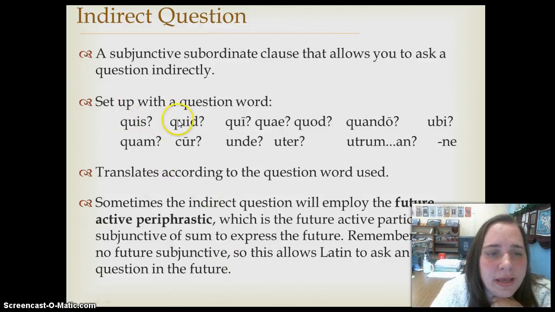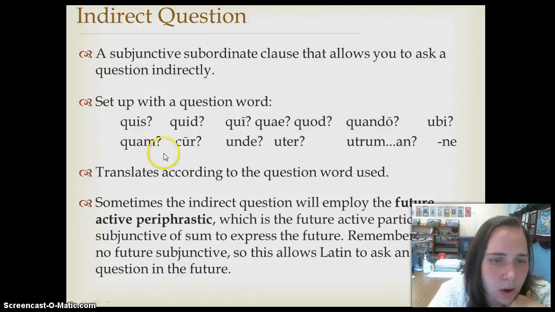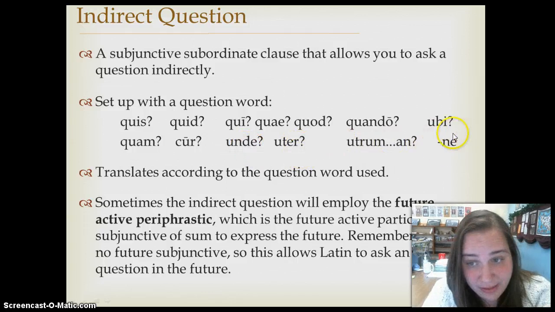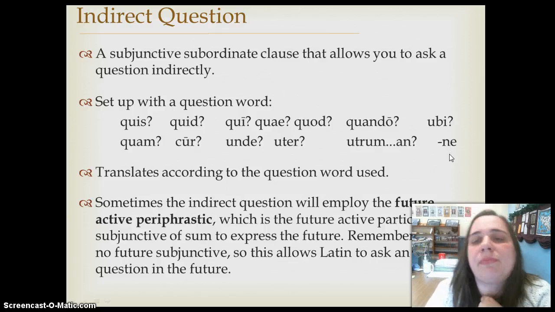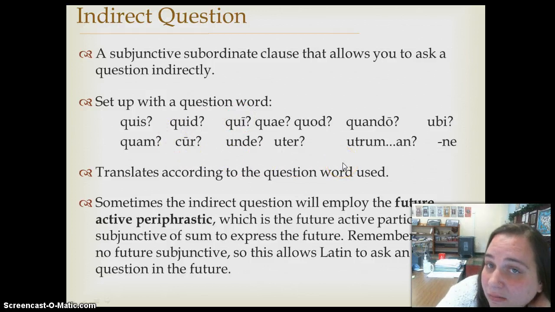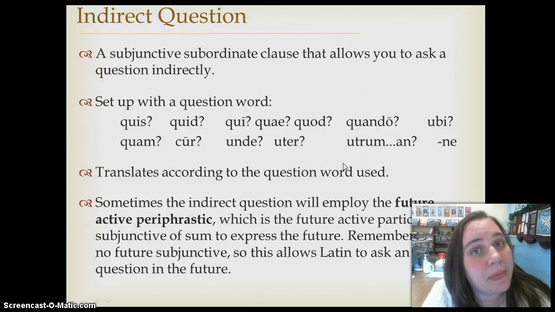So quis or quid, who or what, qui, quae, quod, the interrogative adjective, quando, ubi, quam, cur, unde, uter, utra, or even, by the way, the enclitic -ne that makes a statement into a question. You need to have one of these words plus a verb in the subjunctive. And that's an indirect question. That's how you set up an indirect question.